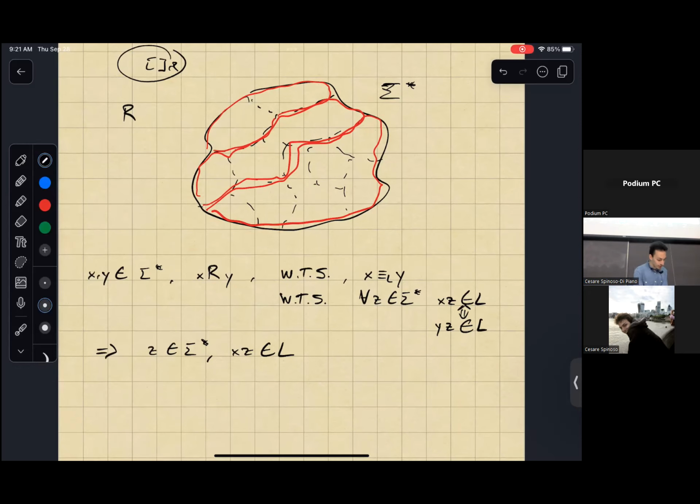Okay, let me back up a second, maybe that was one leap too far. So I know that XZ is in L, right?